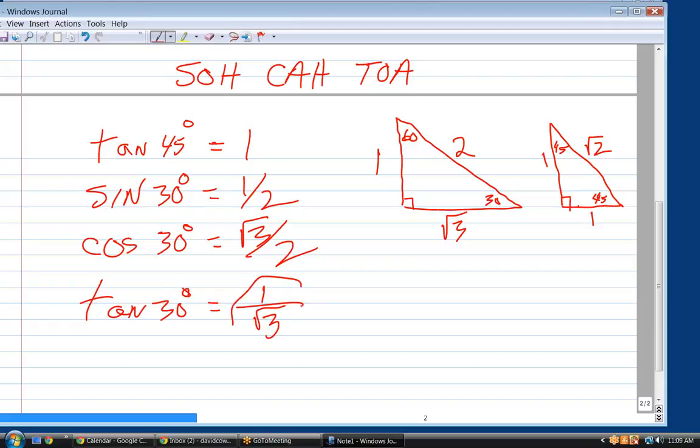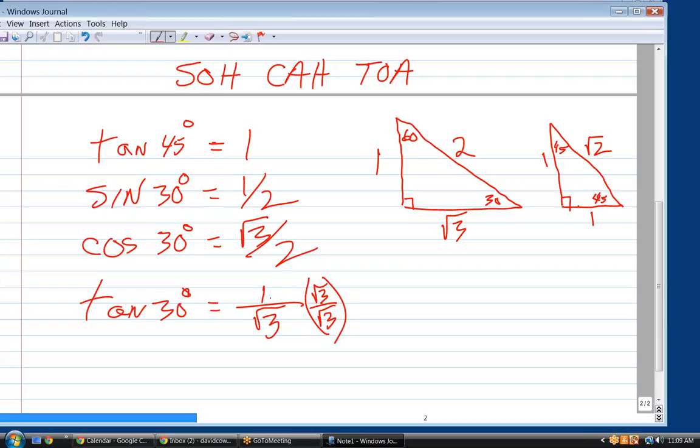Okay. Now this answer here needs modification because it has an irrational denominator. You never want to give that answer. It's the same number after we rationalize it, but how do we rationalize that? Well, you have to multiply it by 2. No, you multiply it by square root of 3 over square root of 3, which is the number 1.